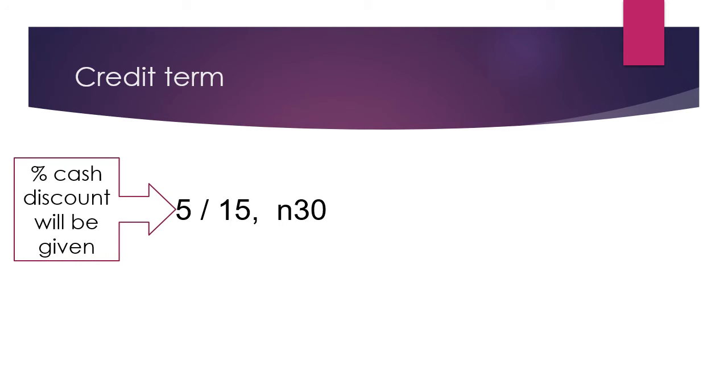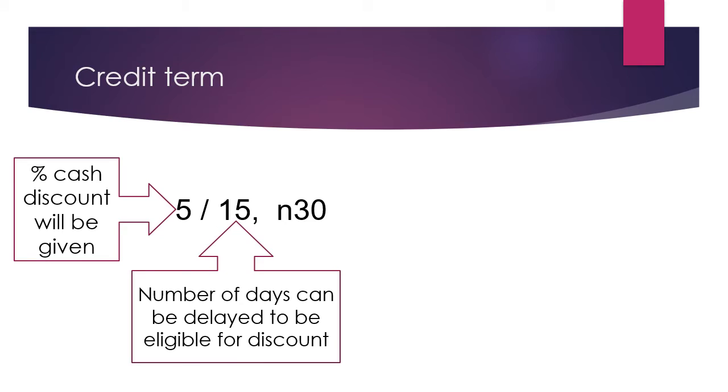The number 5 in the front is actually the percentage of cash discount that is promised to be given to you regarding the invoice that they issue. So how many percent they're willing to give you. The middle number is the number of days that you can delay but still be eligible for the percentage discount displayed in the front.